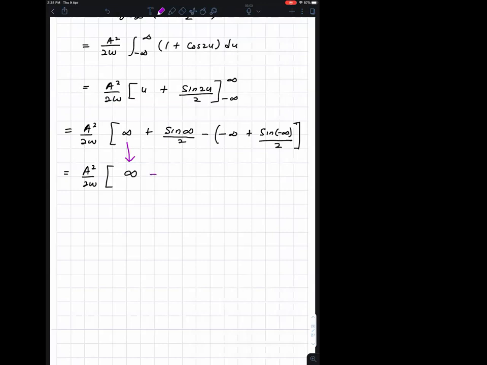You guys follow the logic? So similarly, on this side it is going to be minus infinity. The sine is not going to affect the result because it just oscillates from -1 to +1. It's a bounded signal.